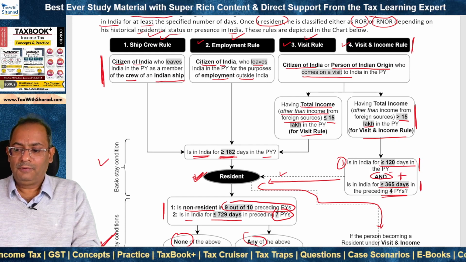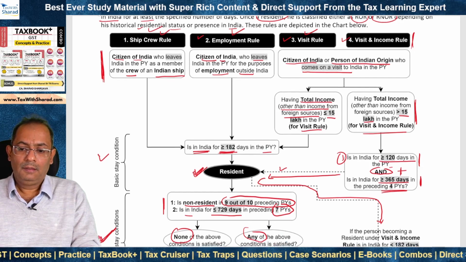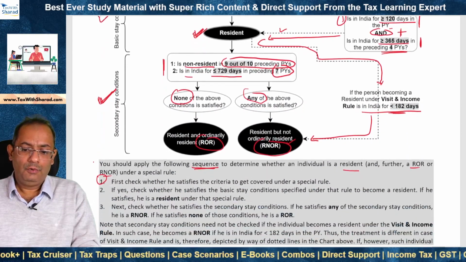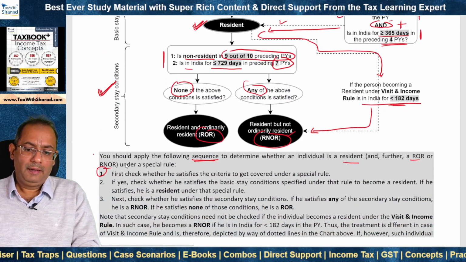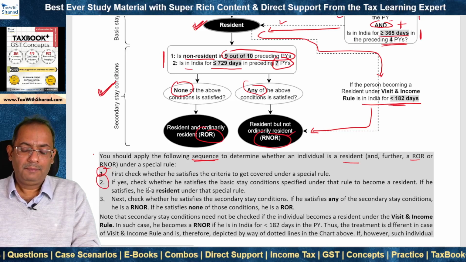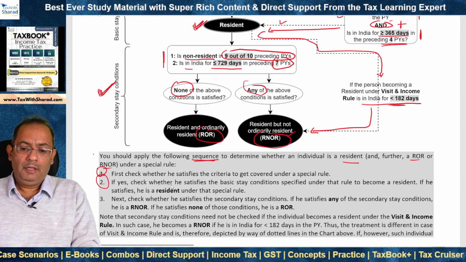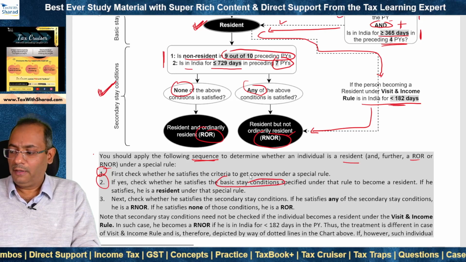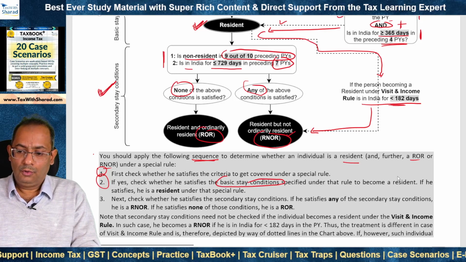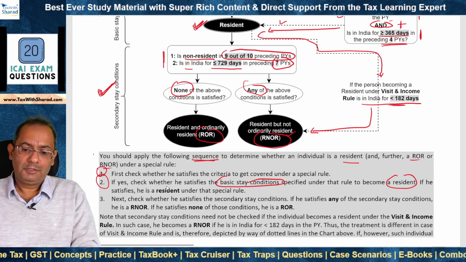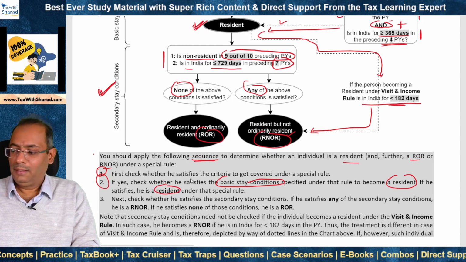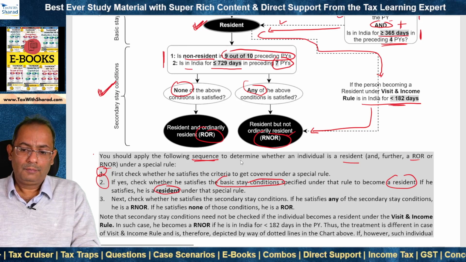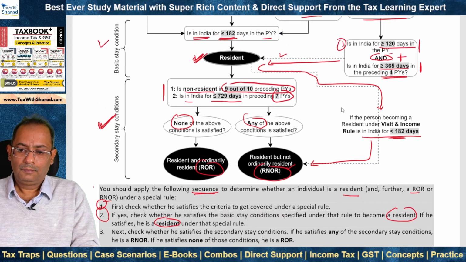If the person satisfies the criteria, then we need to check whether the person becomes a resident under the special rule, right? And then the second step comes in that we need to check whether he satisfies the basic stay conditions specified under that rule to become a resident. If he satisfies, then he becomes a resident under that special rule.